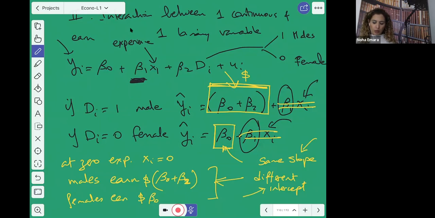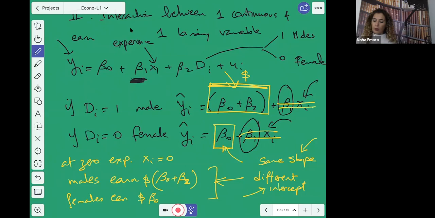And this is why, because I'm setting up this model such that the coefficient attached to the continuous variable is the same, which is beta 1 for both genders, but I do have a dummy which is added to the intercept, creating a new intercept. Okay?